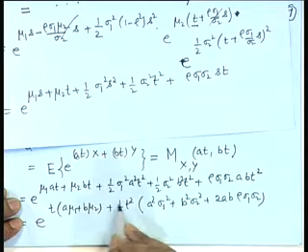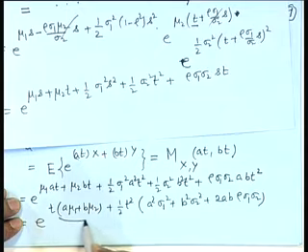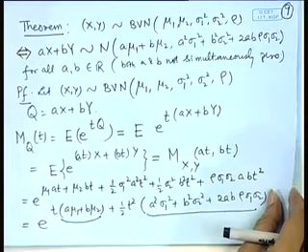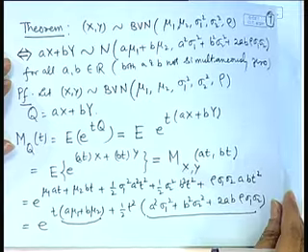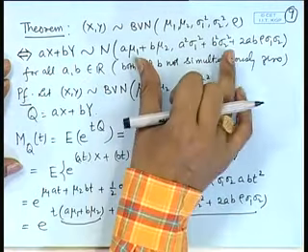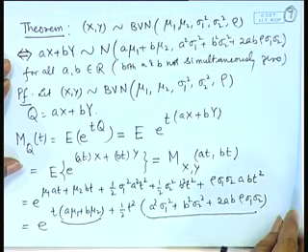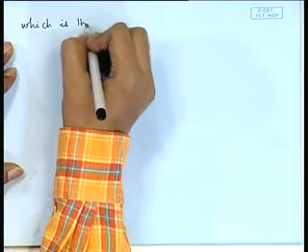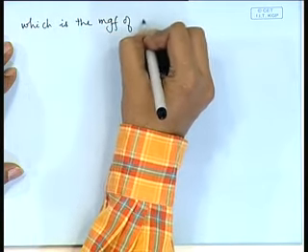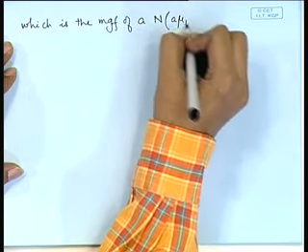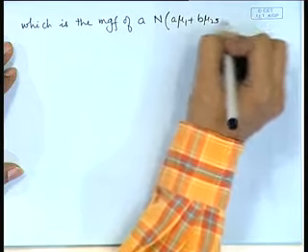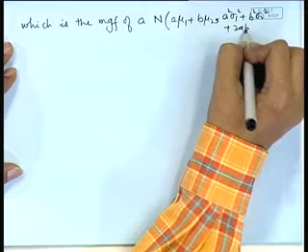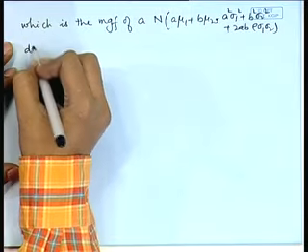Now, this is nothing but the MGF of a normal distribution with the mean this term and variance this term. So, because of the uniqueness of the MGF, we prove that aX plus bY has this particular normal distribution, which is the MGF of a normal distribution with mean a mu 1 plus b mu 2 and variance a square sigma 1 square plus b square sigma 2 square plus twice ab rho sigma 1 sigma 2.